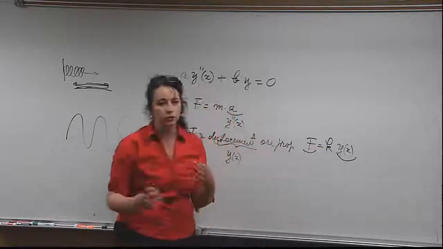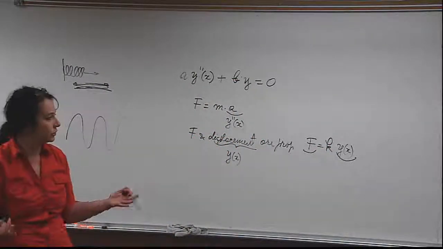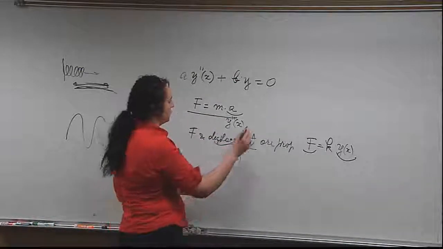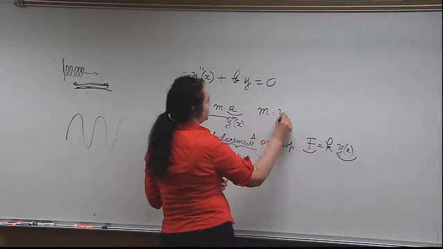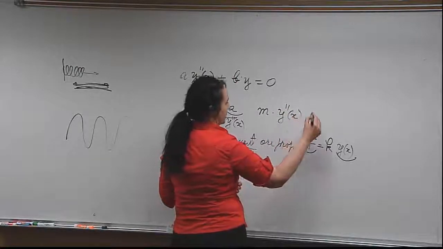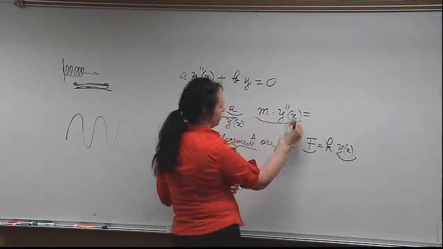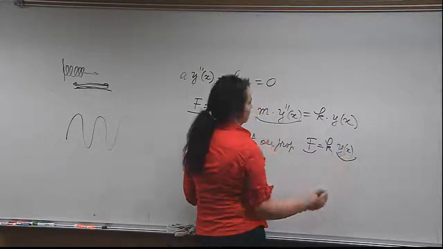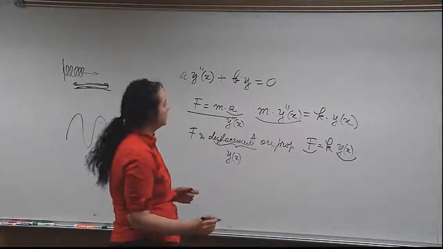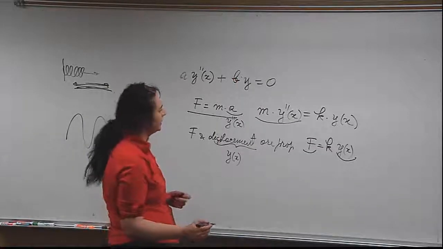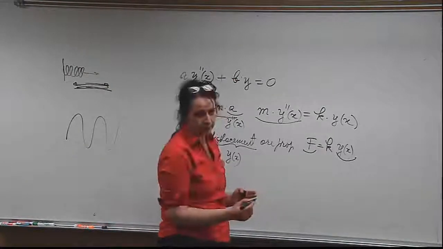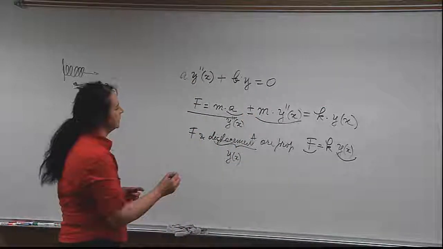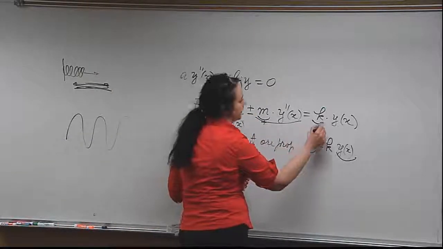So you have a certain Hooke's law constant. When you write Hooke's law, it becomes mass times y double prime of x equals k times y of x. But it depends, because you can have plus or minus, and these are positive functions.